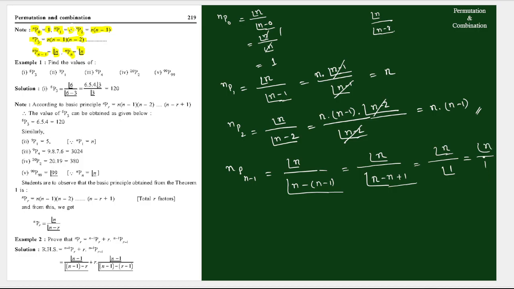So factorial n into 1 is factorial n. Same goes for nPn. nPn is what? Not 0, n, factorial n over n minus n, है ना? Factorial n over factorial 0, factorial 0 is what? 1. So we have got factorial n. Tick, tick, tick. Understood?